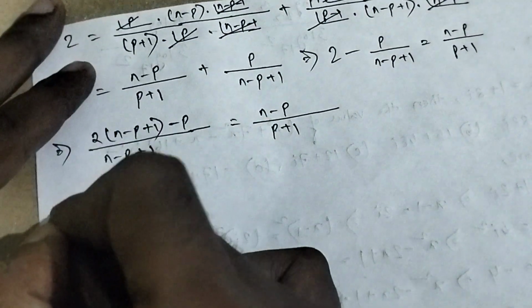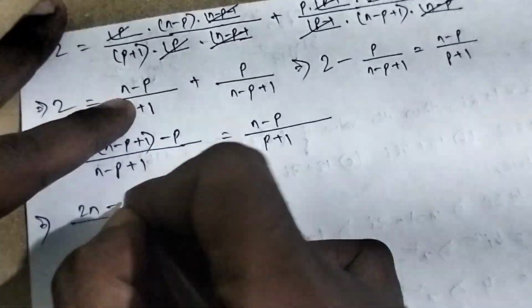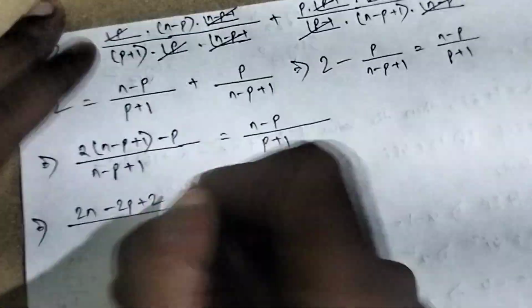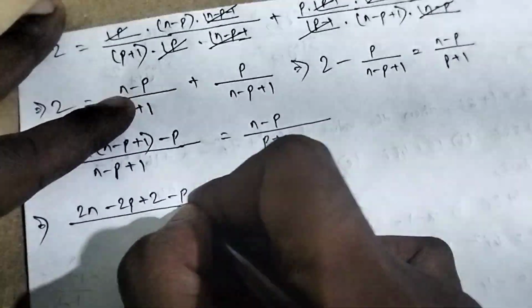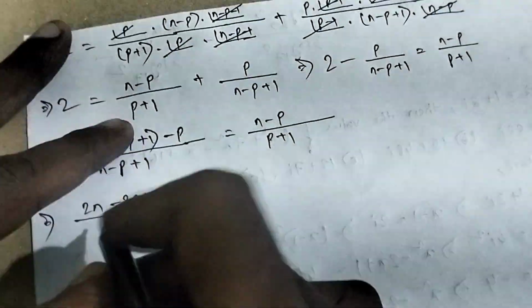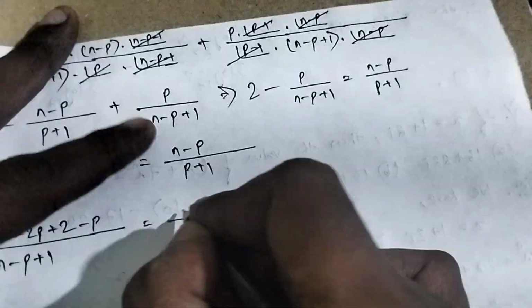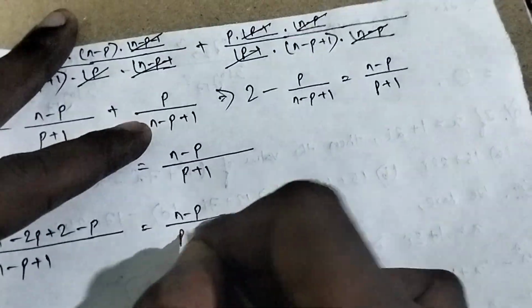So it would be 2n minus 2p plus 2 minus p, and (n-p+1) is equal to (n-p) into (p+1).